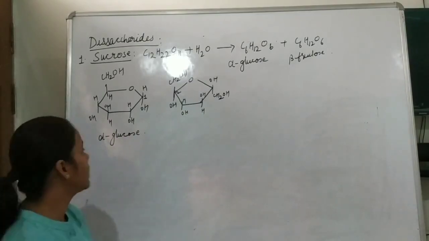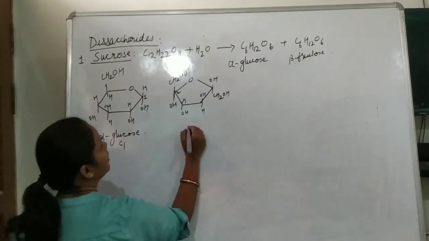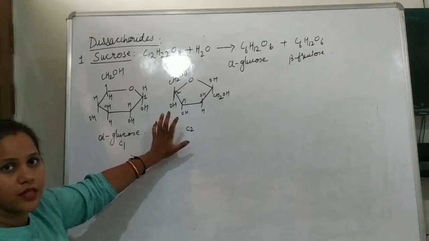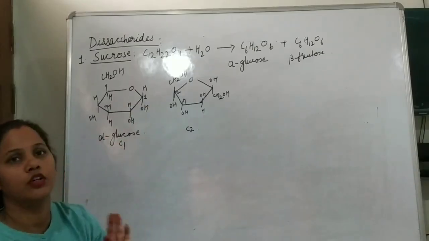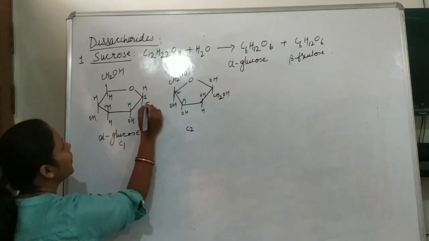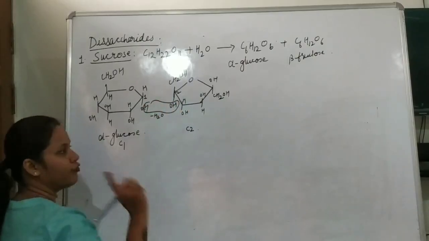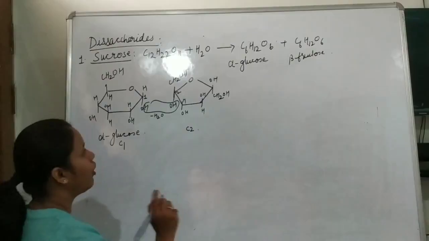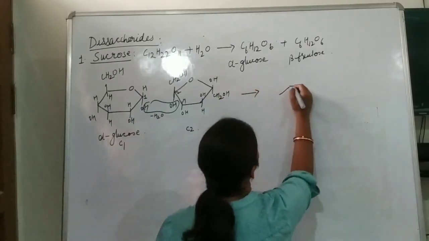Here, carbon 1 of alpha D glucose and carbon 2 of beta D fructose. How will the glycosidic linkage form? The glycosidic linkage is formed by the removal of a water molecule between these two. From here, we remove a water molecule to form a glycosidic linkage. So the actual structure of sucrose we will get like this.